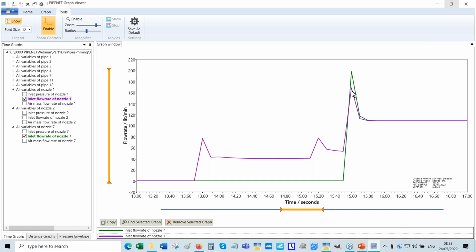You can see that the peak actually starts in nozzle 7, and that works its way back to nozzle 1. And nozzle 1 also has a peak, but they seem to be almost simultaneous. They're not quite simultaneous. So let me try and exaggerate this a little bit.